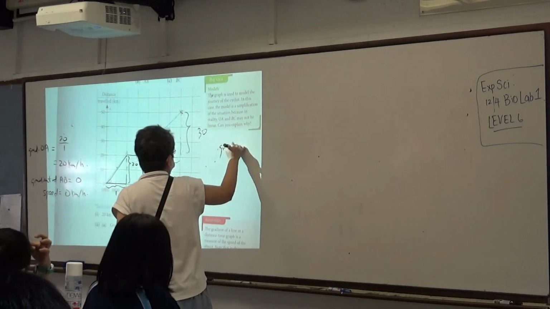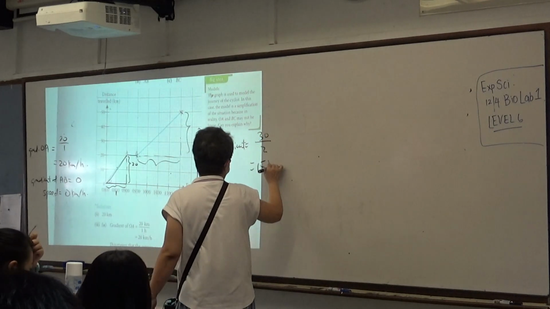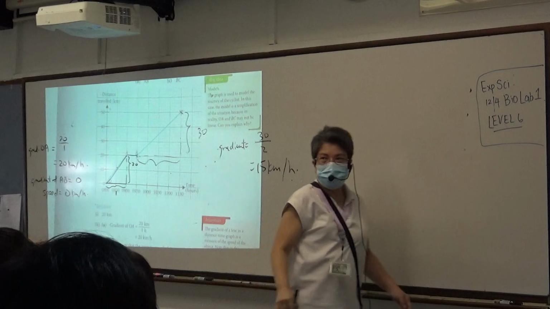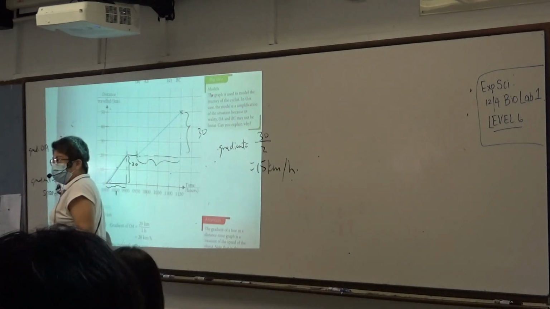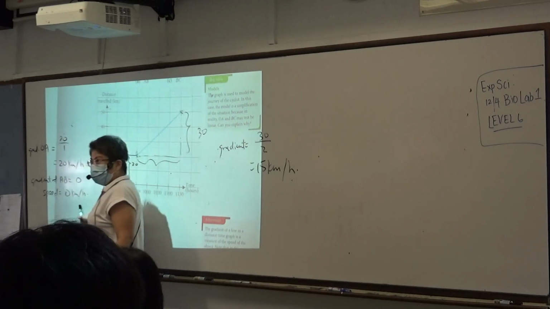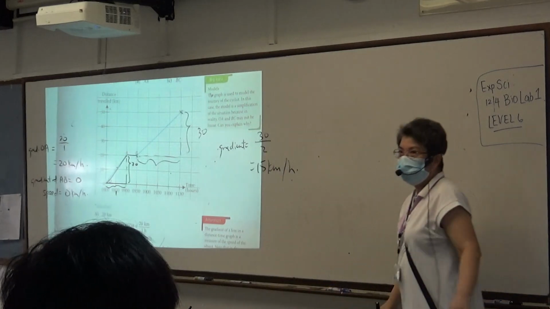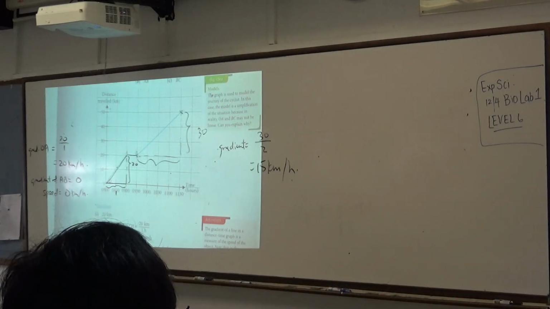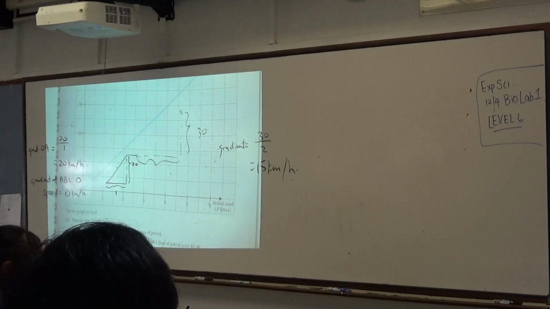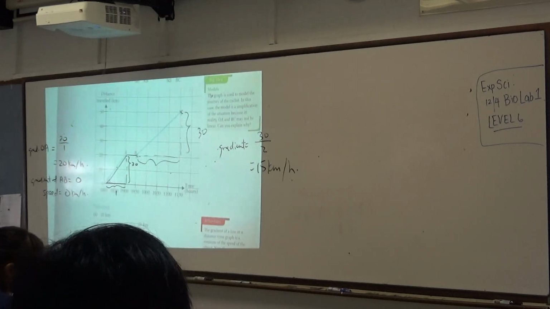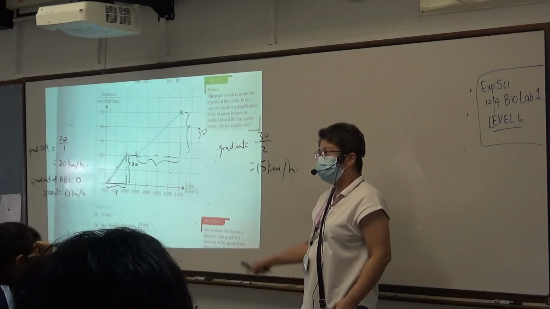So the gradient will be 30 divided by 2, which is what? 15 kilometers per hour. So the first part travel at 20 kilometers per hour, then he stopped, that is 0 kilometers per hour, and then he continued with 15 kilometers per hour. Are we clear with the question? Okay, now if I ask you, at which part of the journey did he travel at a higher speed? So which one? First part or last part?